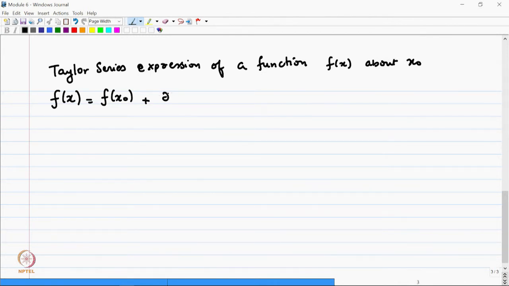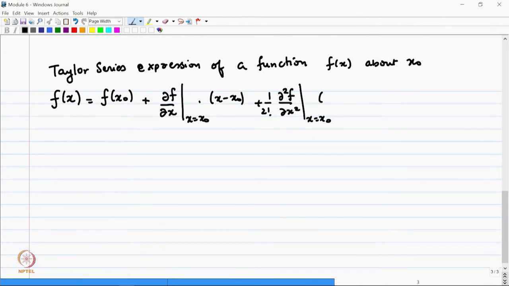Then you will write dou f by dou x evaluated at x equal to x 0 times x minus x 0, plus dou square f by dou x square, 1 by 2 factorial, evaluated at x equal to x 0 times x minus x 0 square, plus so on.